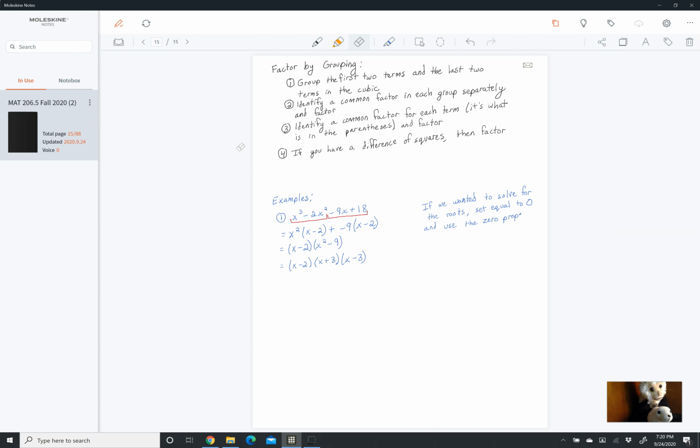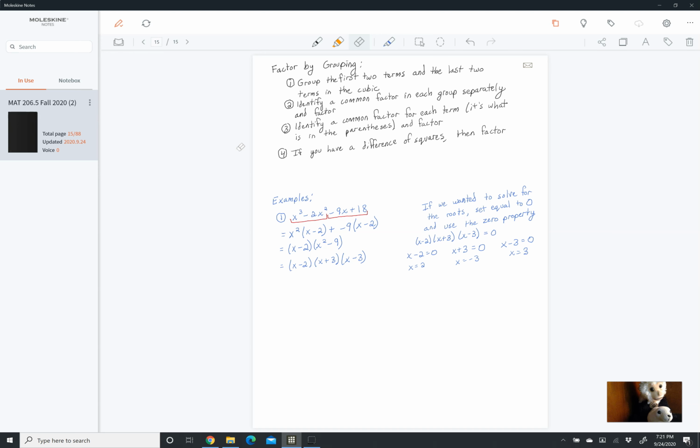So in other words, we have x minus 2 times x plus 3 times x minus 3 is equal to 0. And the 0 property says, if x minus 2 equals 0, then the whole thing equals 0. If x plus 3 equals 0, then the whole thing equals 0. And if x minus 3 is equal to 0, then the whole thing equals 0, which gives us a root of x equals 2, a root of x equals negative 3, and a root of x equals positive 3.